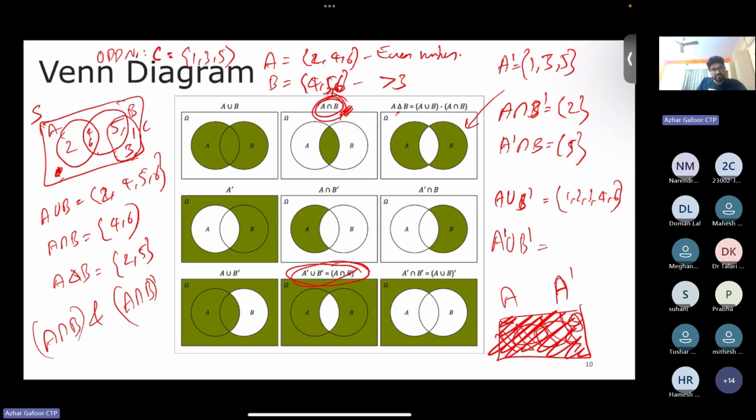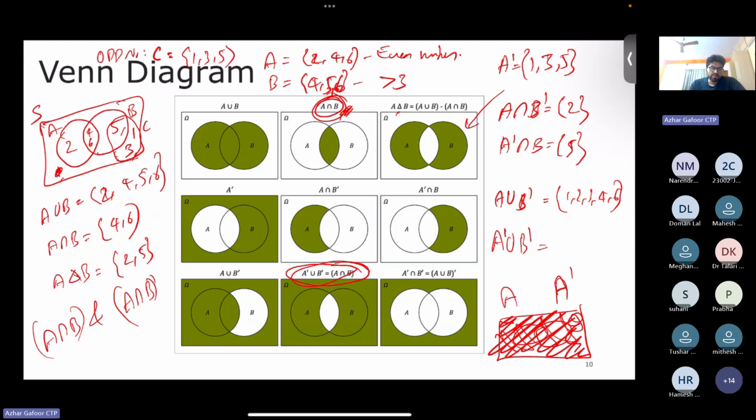Such events are called mutually exclusive and exhaustive events. That is, if two events are mutually exclusive and exhaustive, those two events cannot occur together, and at least one of them must occur, right?